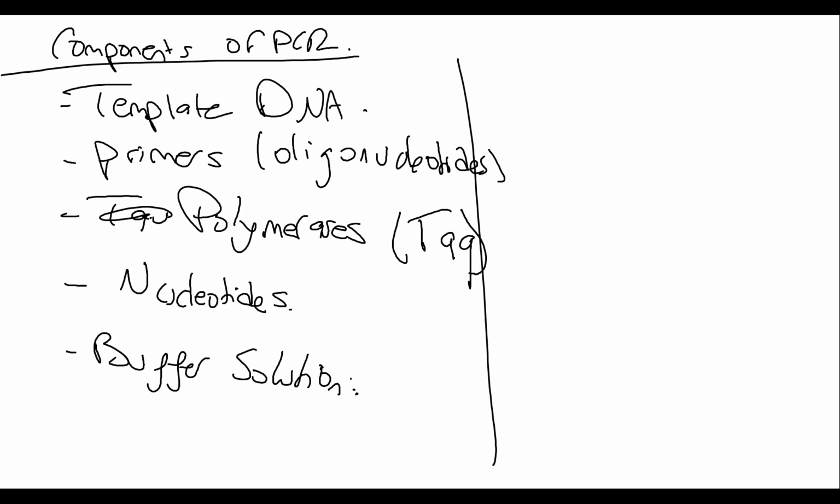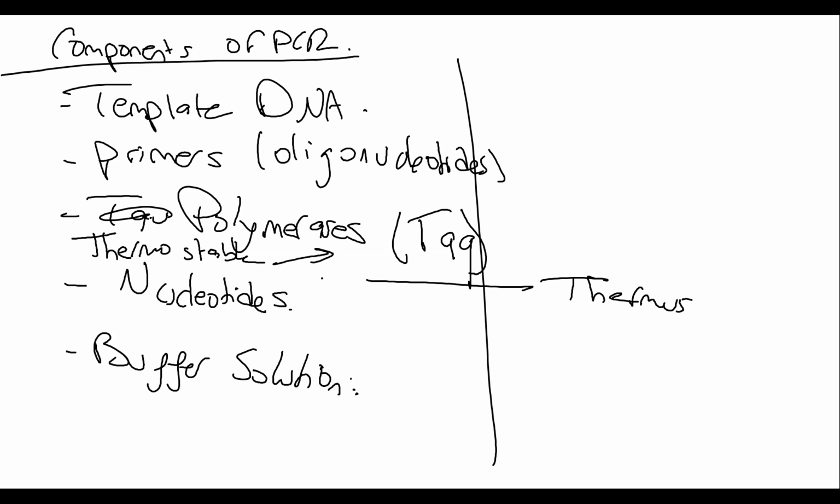It's called a thermostable polymerase, a heat-stable DNA polymerase derived from Thermus aquaticus. This enzyme synthesizes the new strand by adding nucleotides to the primers.